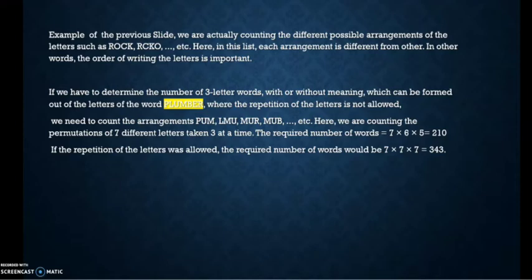For example, in the first example, if I choose R first, O later on, K third, and C fourth.